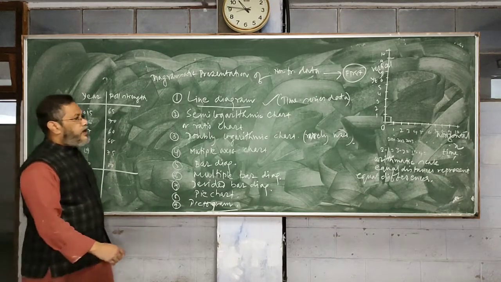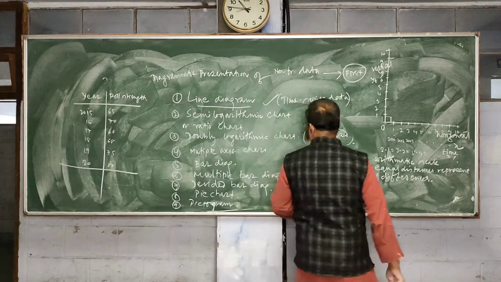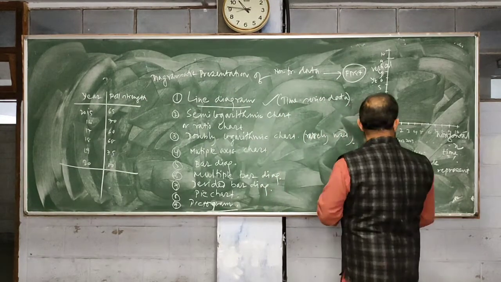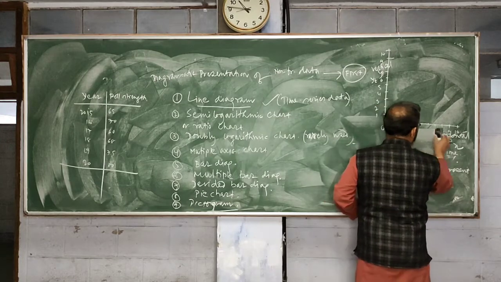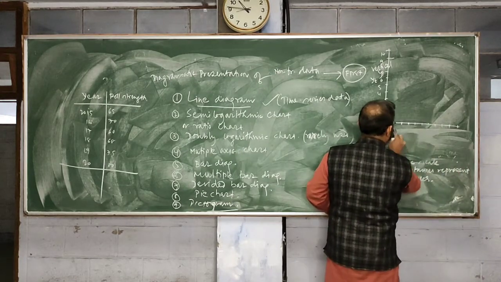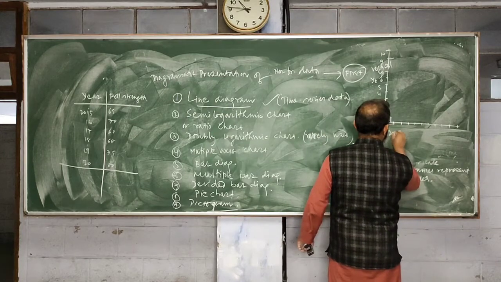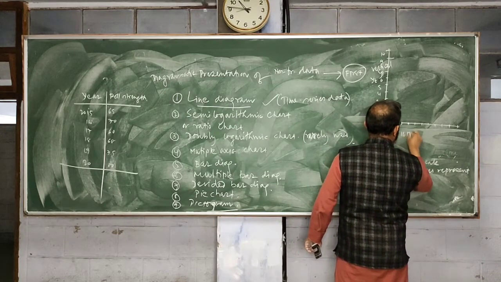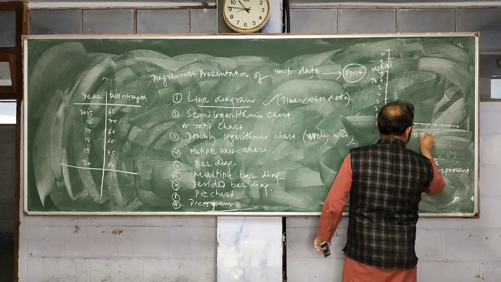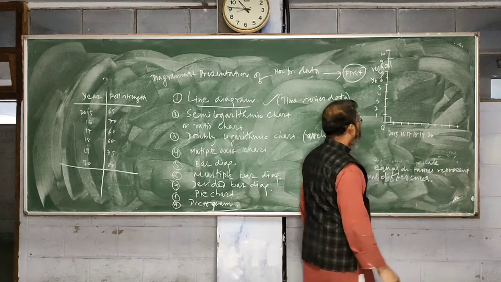Now see here, to represent such time series data for 6 periods, I will take for first period 2015, then 16, 17, 18, 19, 20.